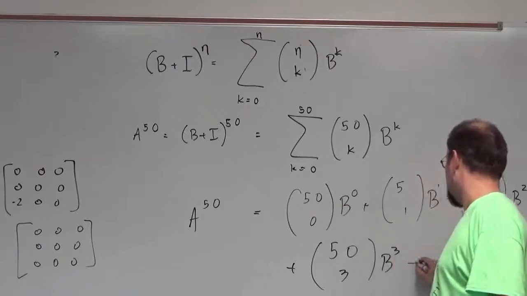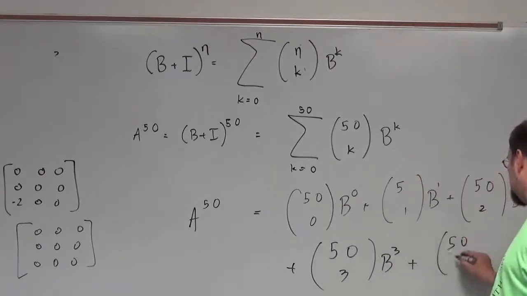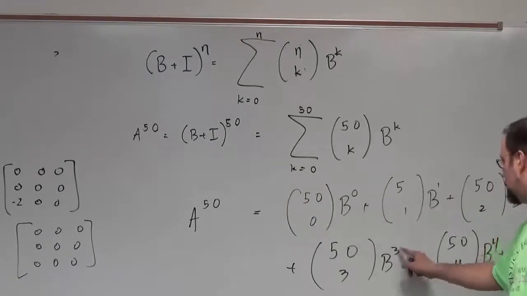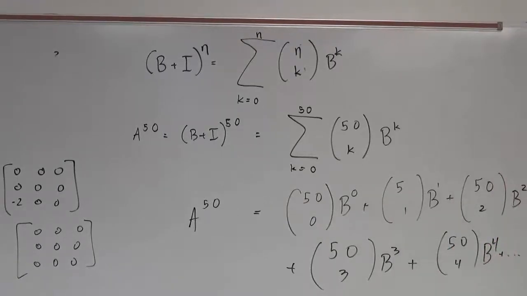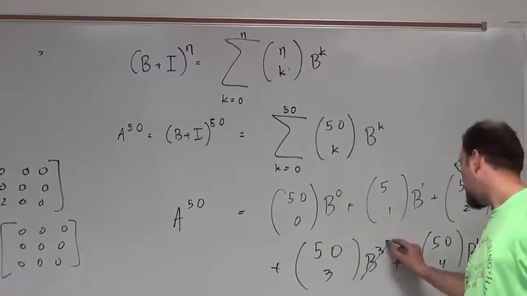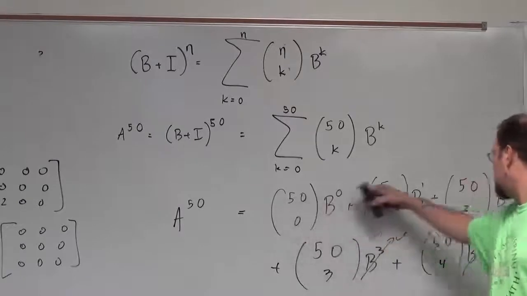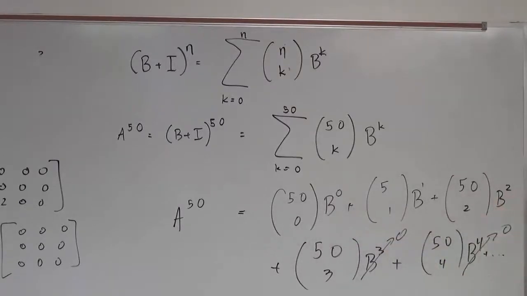But why is it silly for me to keep writing this stuff? Obviously, we already noted that B cubed and higher powers of B are all 0, so all this stuff will go away. Right, so now we can easily compute A raised to the power of 50 because it just consists of these three terms, and we just have to multiply everything out.